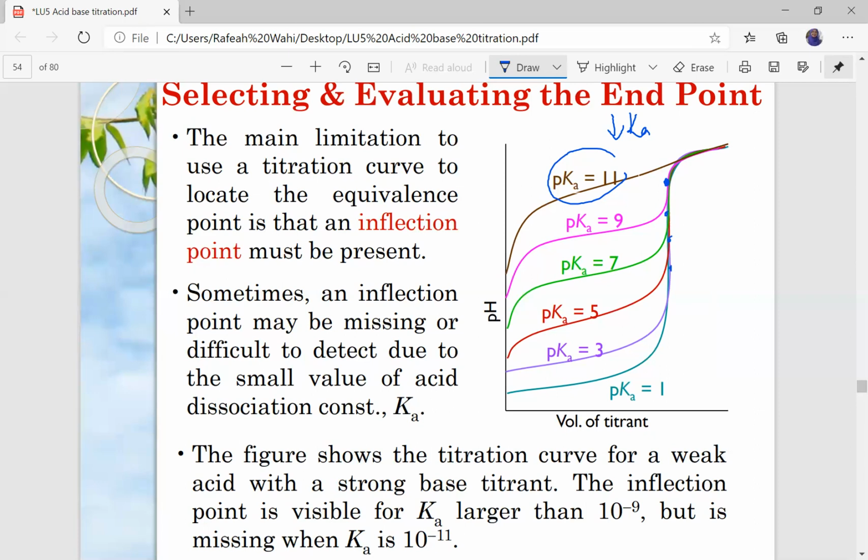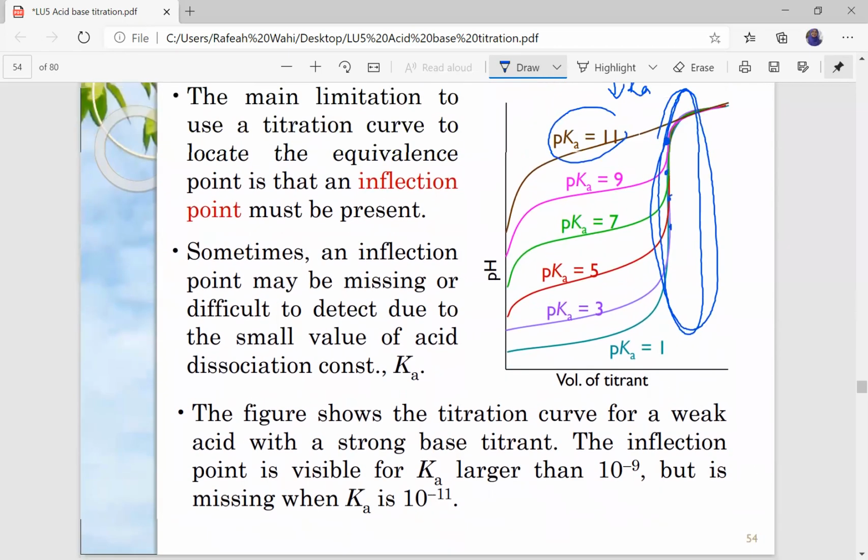So from this inflection point, you can determine your equivalence point. But for an acid with very low Ka, it is difficult for you to determine the equivalence point from the inflection point because it is not visible.